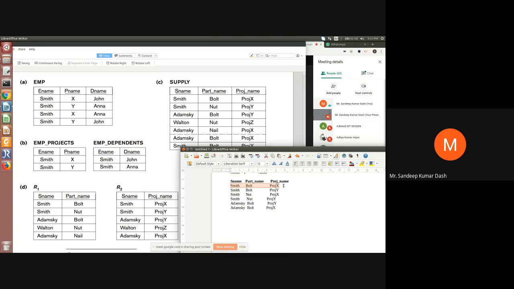Okay, so this is a valid row. Now search Smith bolt project Y. Whether that was there in the relation. It was not there. Still you are getting it. Then another one is Smith knot project X. Smith knot project X is also not there in the relation. Still you are getting that.